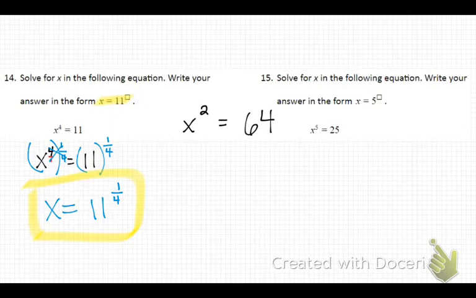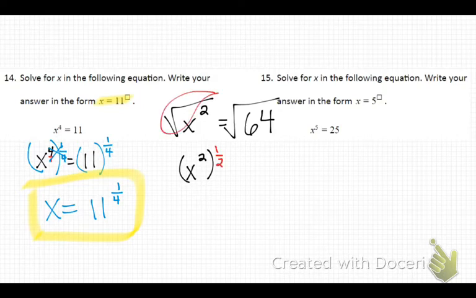What undoes a square? A square root, right? And how do I write a square root otherwise? Can I write a square root using an exponent? Yes, that is going to be raised to the 1/2 power. These mean the same thing. That's why I do the reciprocal, because the reciprocal is going to give me the opposite radical or whatever I need to undo it. Okay?